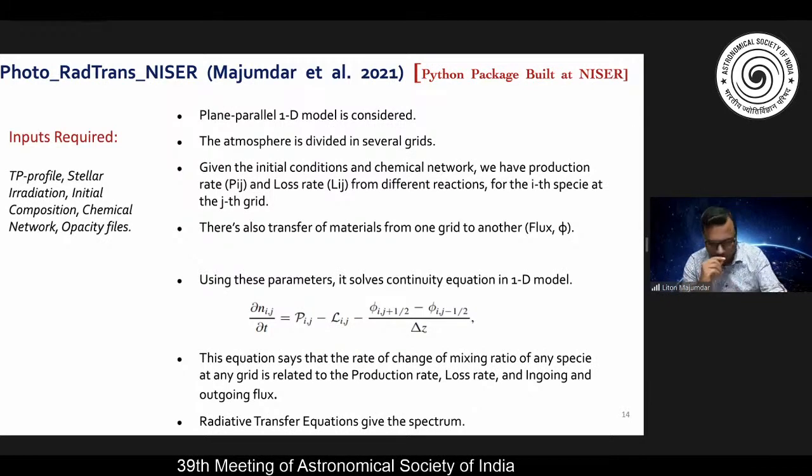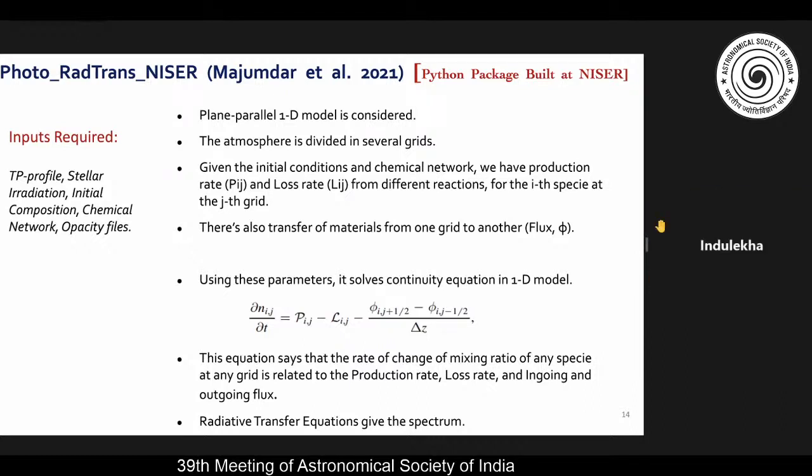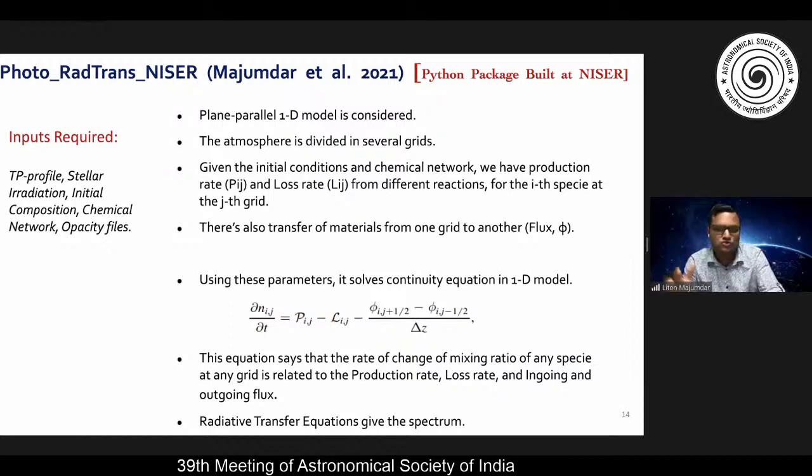So I cannot tell you exactly, because our results are mostly limited to this one particular exoplanet. But in general, as I said before, the C/O ratio depends on so many other factors, not only the chemistry, but also the dynamics, as you mentioned.